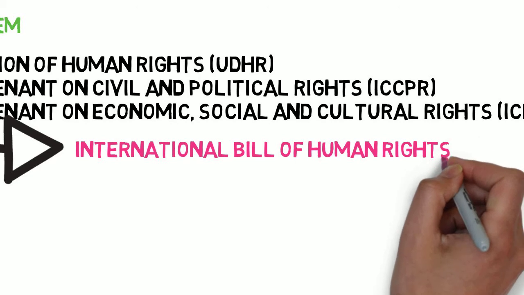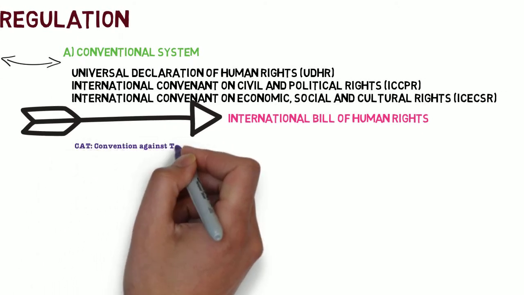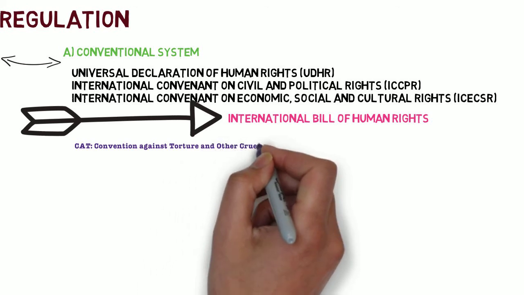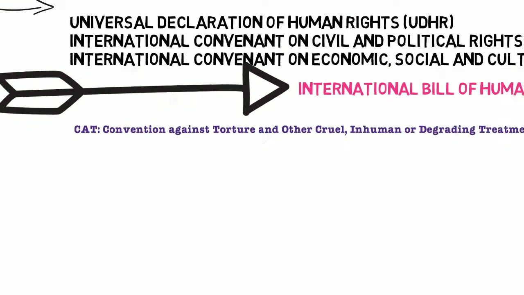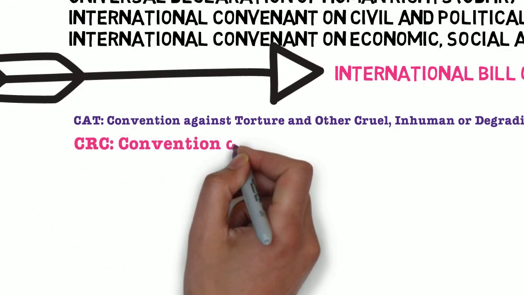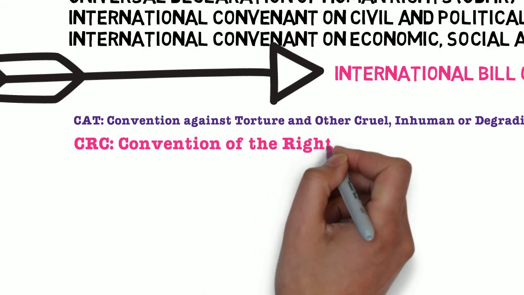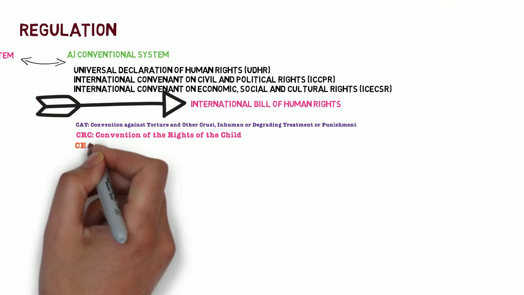Then we need to look at some specialized treaties, that are the Convention Against Torture, then the Convention on the Rights of the Child, another convention or treaty that is so relevant.